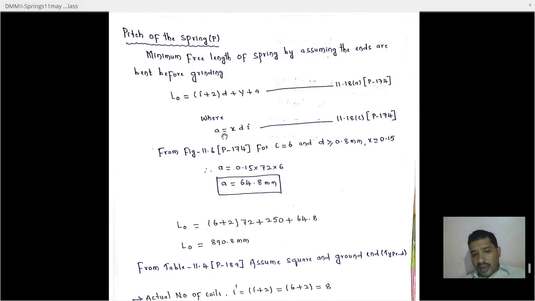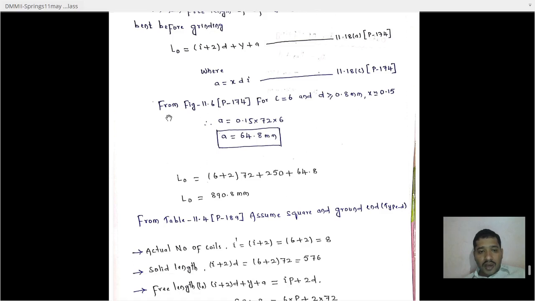This clearance A we can easily get from page number 174, equation 11.18c. Refer to figure 11.6, page number 174. For the clearance, the spring index is given as 6 and the diameter should be greater than or equal to 0.8 mm.